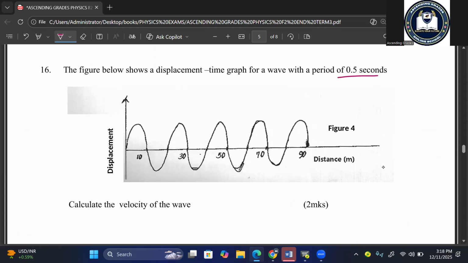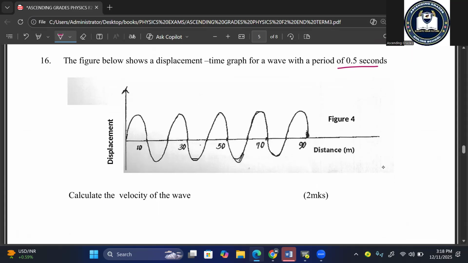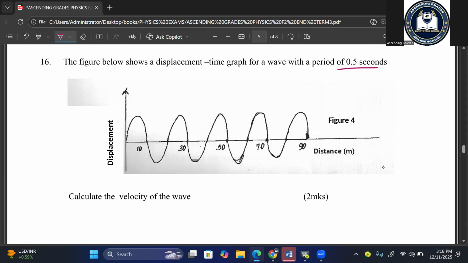So now what you need to get is, you can either first calculate the frequency or use the 0.5 with the wavelength. So I'll go by my option. So you can have case 1, use velocity is given by distance over time, and in this case we're going to use wavelength over period T.